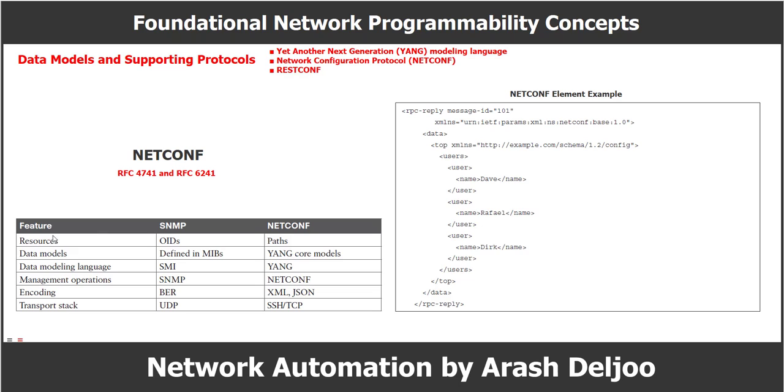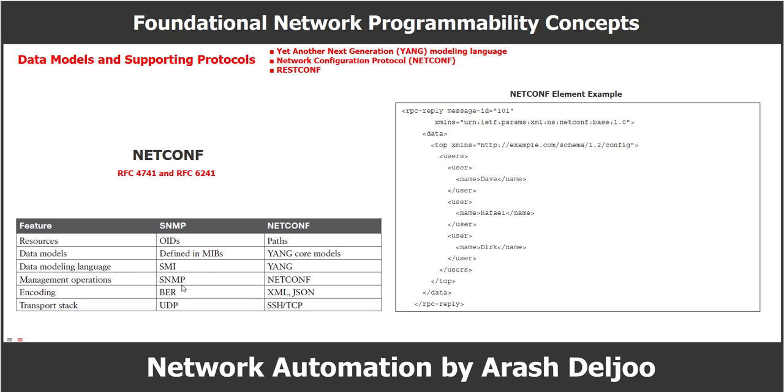Let me review this table about the features. Here we have the resources. In SNMP, the resources are OIDs, and in NETCONF we call them paths. The data model in SNMP is defined in MIBs, or management information bases. In NETCONF, it is the Yang core model. The data modeling language in SNMP is SMI; in NETCONF it is Yang.